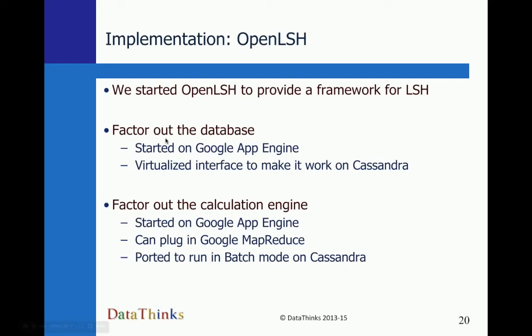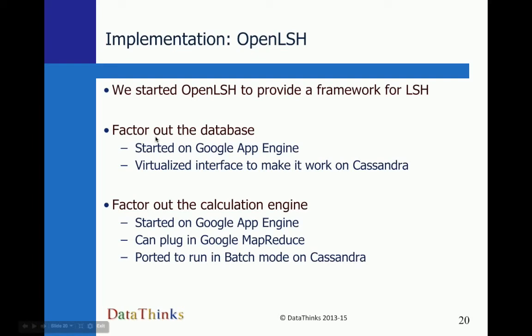We created a virtualized interface to make it work in Cassandra. The Cassandra use case was built out of using the Peerbelt data, which was a requirement they had. We were pretty lucky to be able to use their data so that we could start implementing a version of OpenLSH that would scale.